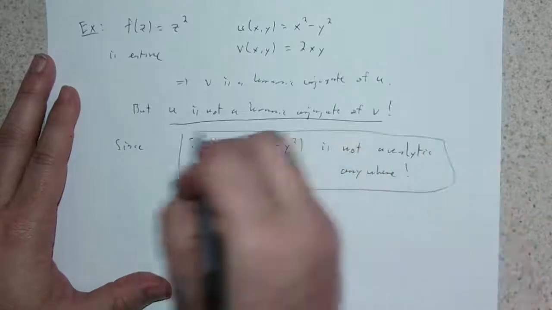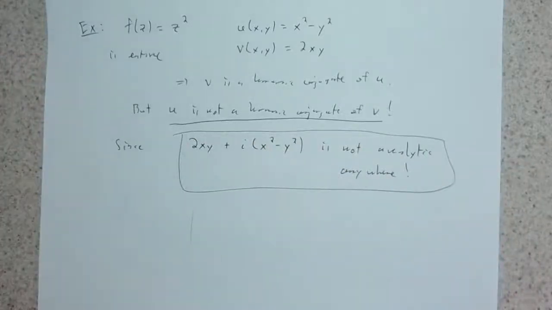You can check for yourself that this isn't analytic anywhere. For instance, check the Cauchy-Riemann equations. And so we actually can't swap the order of that notion. In the usual sense of us writing f as u plus iv, if f is analytic, we say v is a harmonic conjugate of u. That's the order that we're going with.